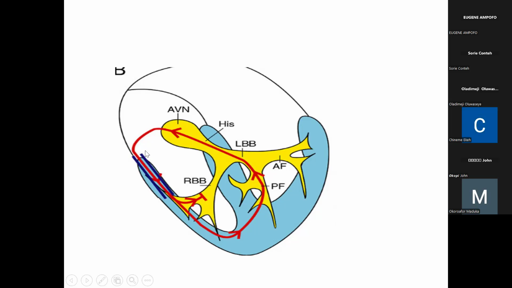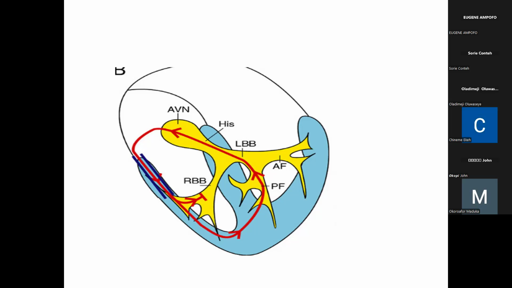So when the electrical activity is conducting down through the aberrant pathway and back up through the normal conducting tissue, the His bundle and AV node, then you will say the patient has an antidromic pathway. Antidromic because it is going in the opposite direction of the normal conducting tissue of the heart.